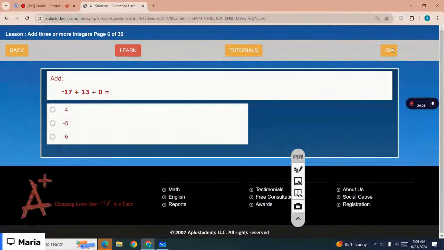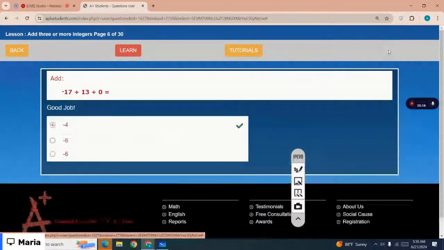Negative 17 plus 13 equals negative 4. Option number 1 is the correct option. Okay, the next one.